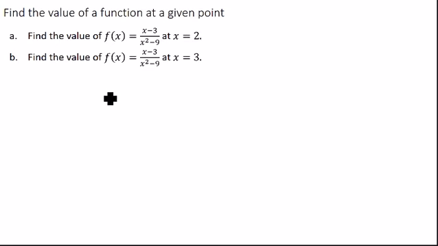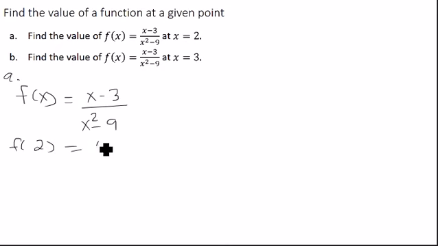Alright, so let's look at a few more examples of finding the value of a function. In this case, we have f of x equals x minus 3 over x squared minus 9, and the value is at x equals 2. So I'm working on part A. f of 2 is going to be 2 minus 3 over 2 squared minus 9.